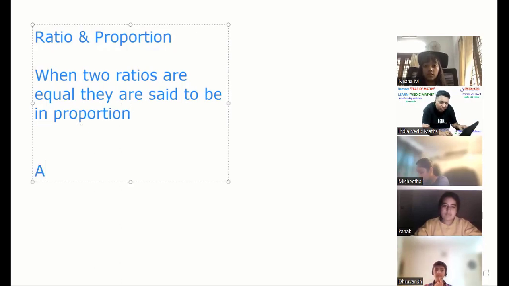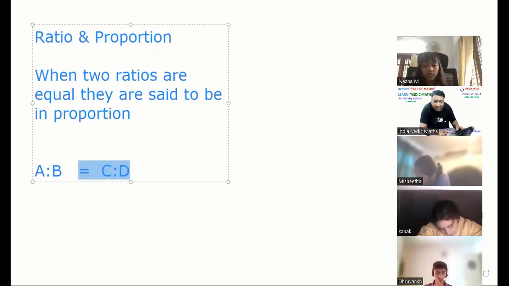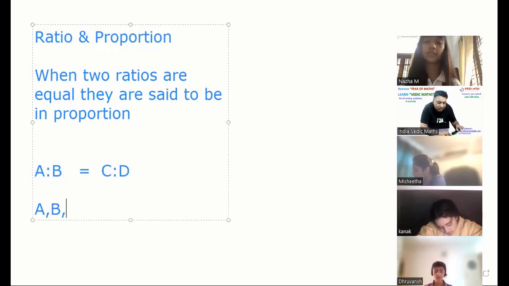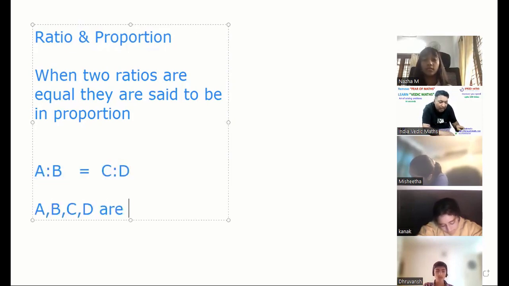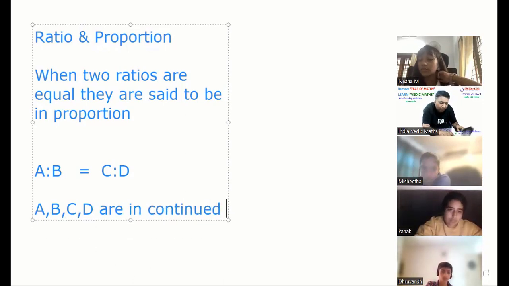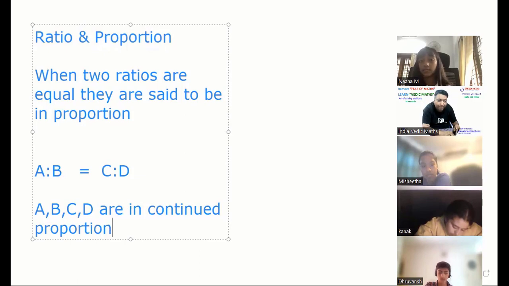Suppose I take a ratio A is to B equal to C is to D. So these two ratios are equal, right? Then you will say, sir, A, B, C, and D are in proportion. That is the concept of proportion. Let's see the concept first and then an example of using the rule.